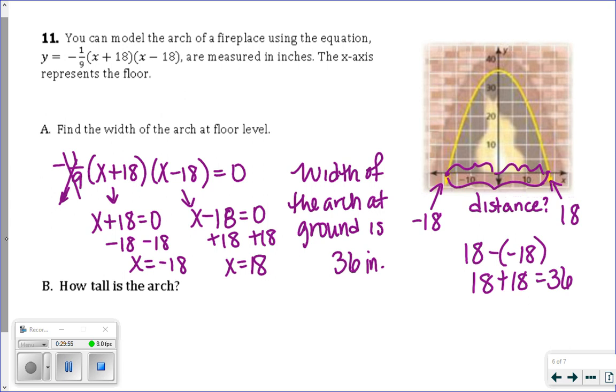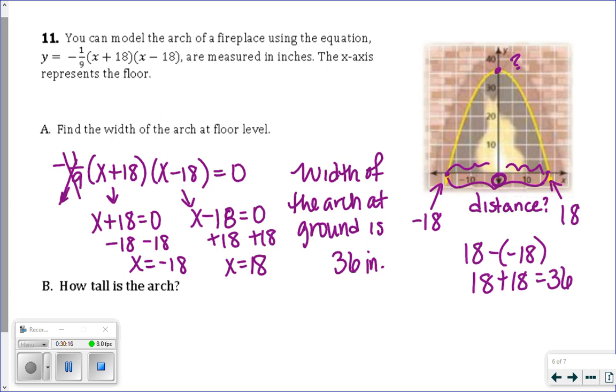So now this is a different type of problem. It's saying, well, how tall is it? How tall is this up here, right? So we're basically looking for that y value, that really high up y value, and in particular, that y value is happening where x is 0. So it's kind of the reverse here.